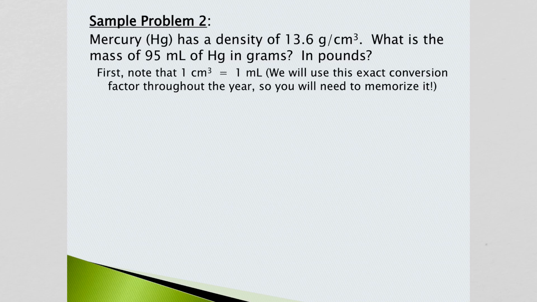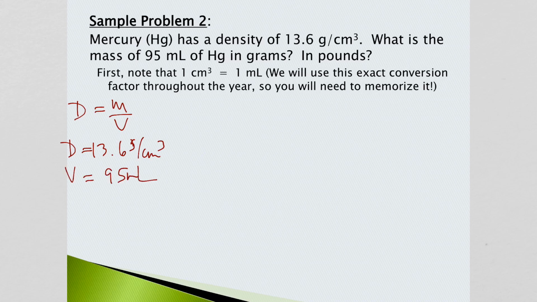So this is a density problem, but instead of solving for density, we're going to be solving for mass. So we have to remember that density equals mass divided by volume, and then we're given some information to start with. We're told the density is 13.6 grams per centimeter cubed, and we're also told that the volume is 95 milliliters. Now, the first question wants to know the mass of mercury in grams.